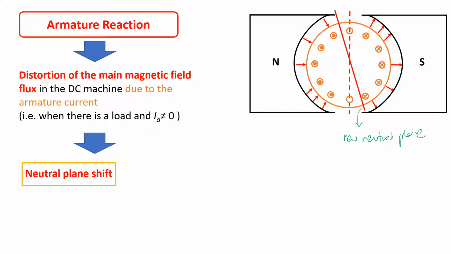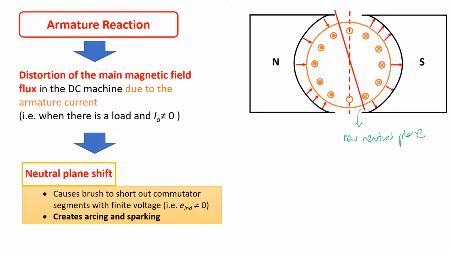Because as you can see here, the more magnetic fields on these two sides means that the symmetrical axis has been shifted to this new location, and this is what we call the new neutral plane, compared to the original neutral plane, which was on the vertical line. So the first effect of armature reaction is a neutral plane shift.